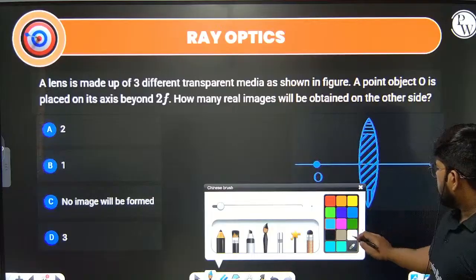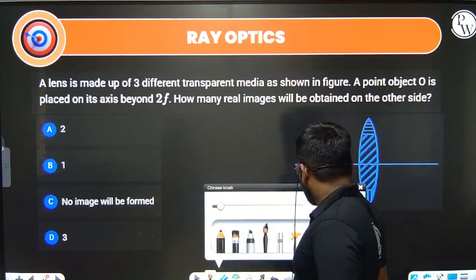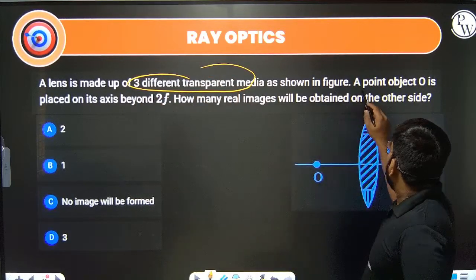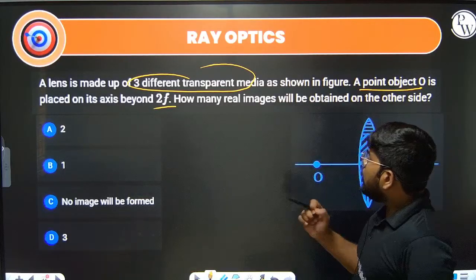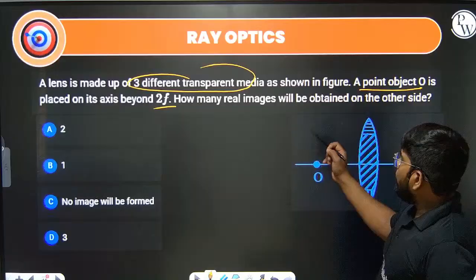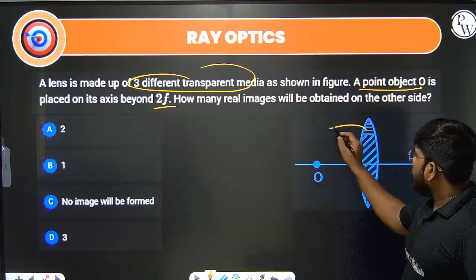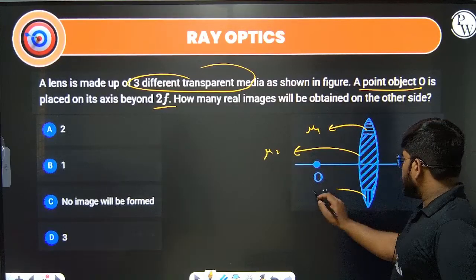Next, again we have a lens based question. It is made up of 3 different media, and a point object is placed at some distance apart. How many images will be formed? See, for this medium there is one refractive index, for this medium another, and the last one another refractive index.